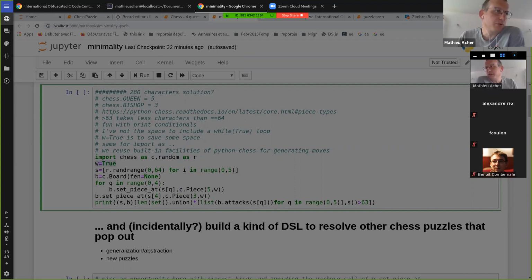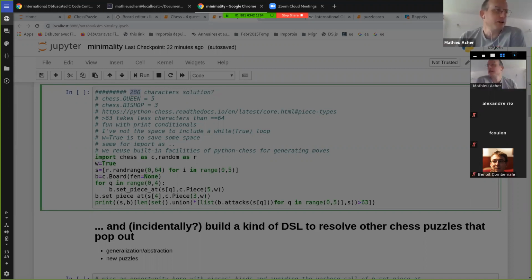It can surprise you, the W equal true, but I'm using true in different places. If I'm using true in 2 places, it's 8 characters, 4 multiplied by 2. Here it's only 6, so it pays off at the end. And then some hacks like that, right? And at the end, you fight, and you can reach the graal, which is this number of characters that fits in a tweet.